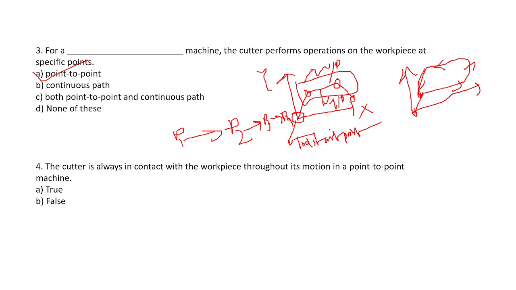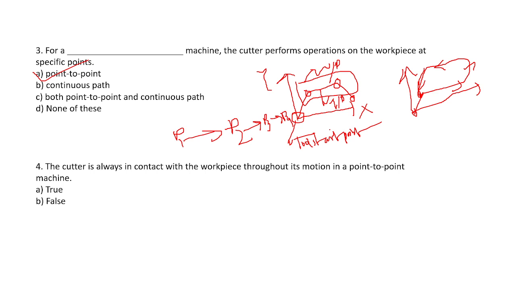Yeah, sure. Thanks. So, as he said rightly, the cutter performance follows in the same manner for point to point programming. The exact path of the tool in moving from point to point does not mean the cutter is always in contact with the workpiece throughout the motion or path.